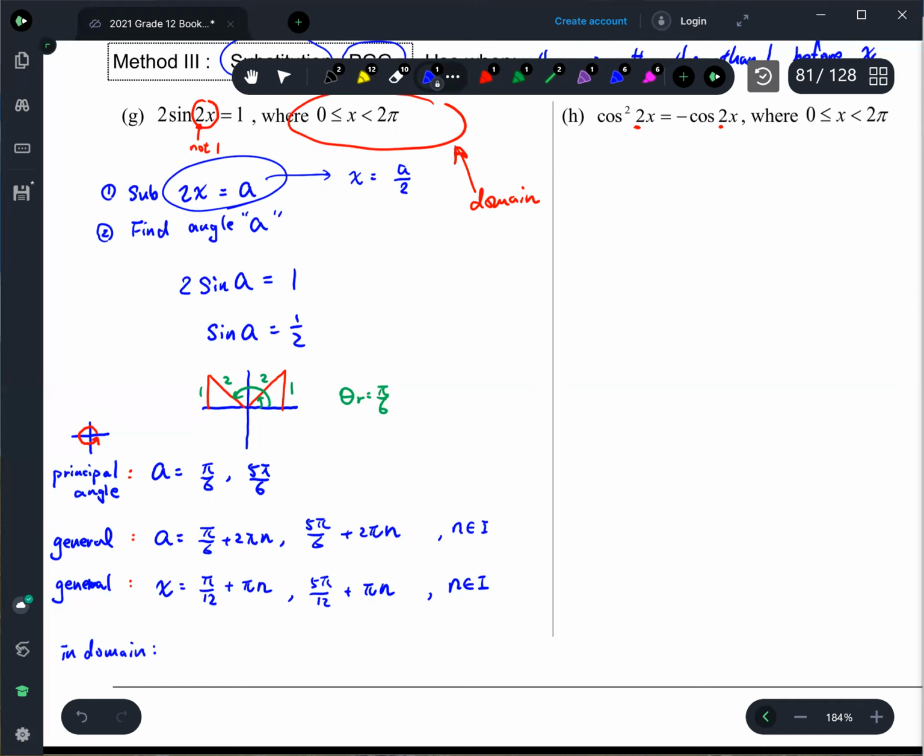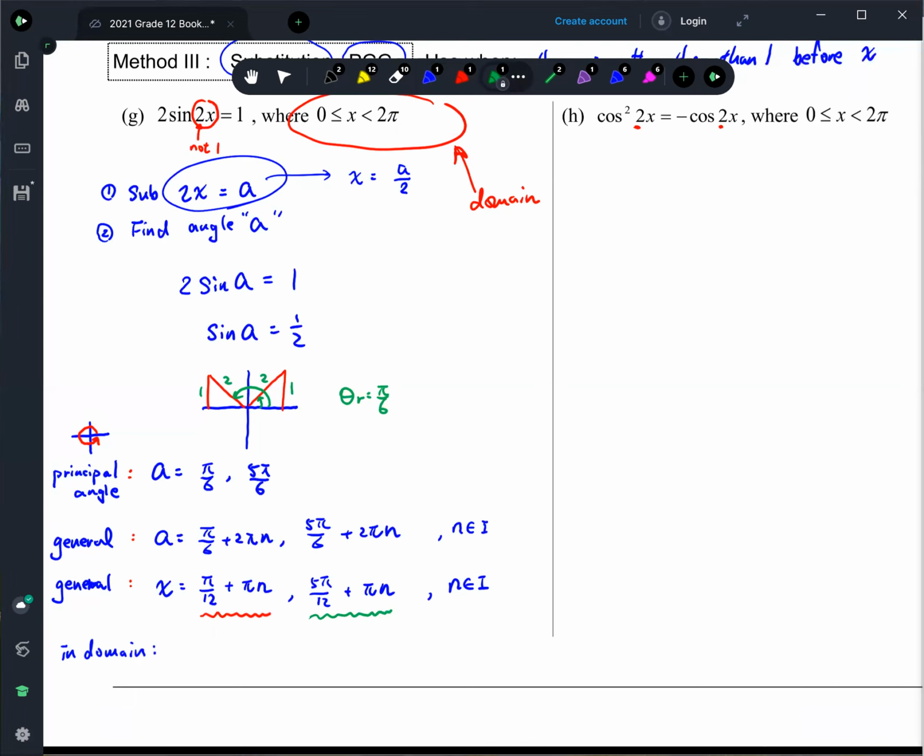So we use the general solution that we just got, which is here and here, right? We have two of them because it represents any answer, right? So you can use those two like a formula to generate all the answers.